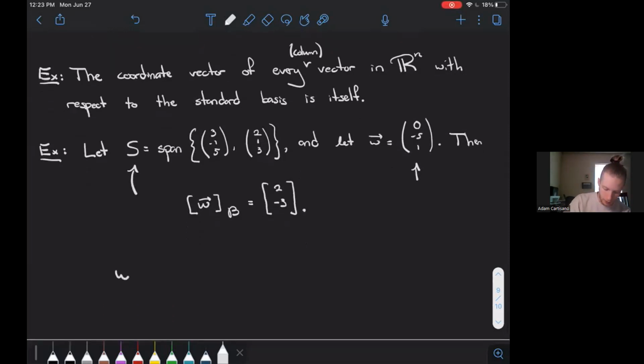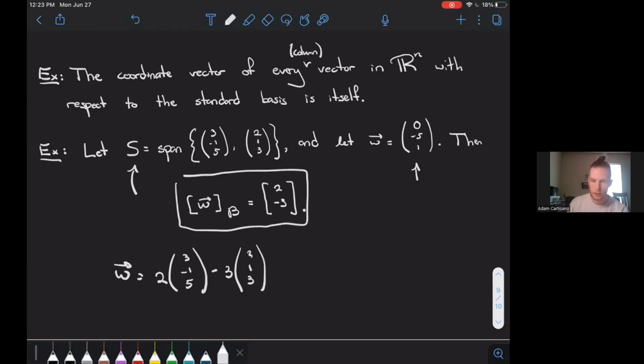So that is to say W equals 2 times 3, negative 1, 5, minus 3 times 2, 1, 3. Then the coordinate vector of W with respect to B, where this is the basis B, is just the column vector 2, negative 3. Notice two-dimensional because S is a two-dimensional subspace of R3.